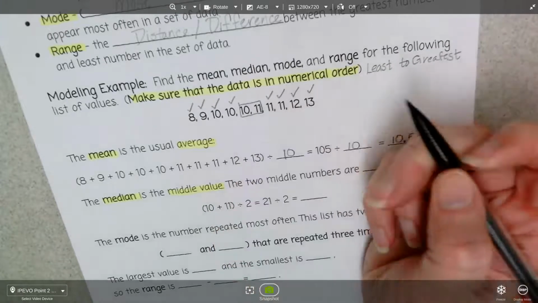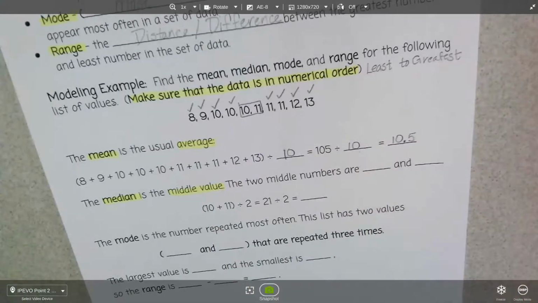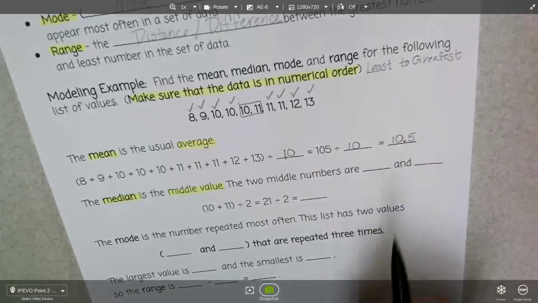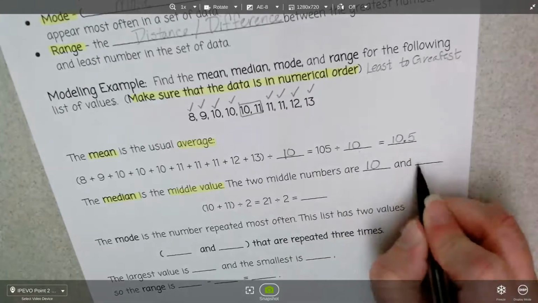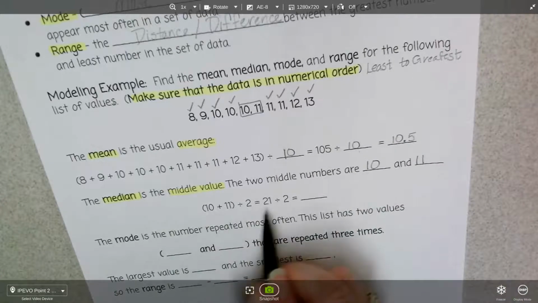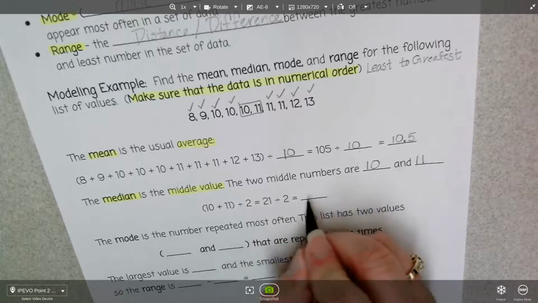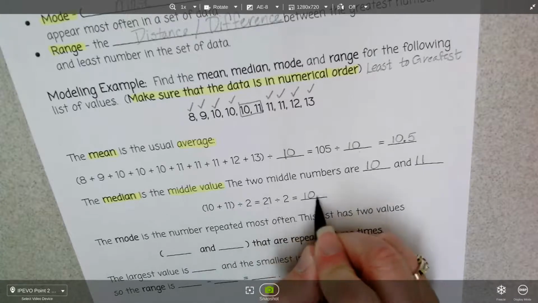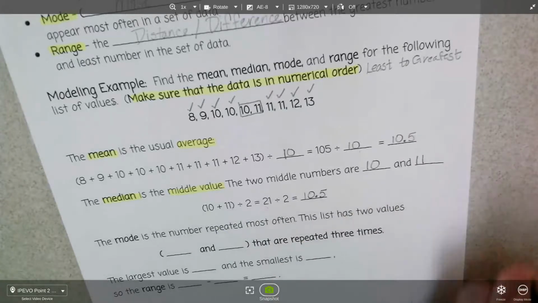If you just had one number in the middle, then that number would be your median. But here we have 10 and 11. So we're going to add 10 and 11 together, and divide by 2. 10 plus 11 is 21, and 21 divided by 2 is 10 and a half, or 10 and 5 tenths.